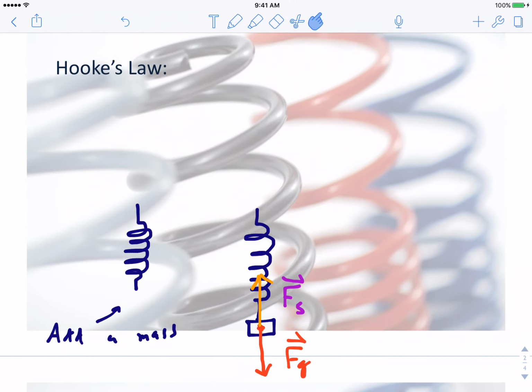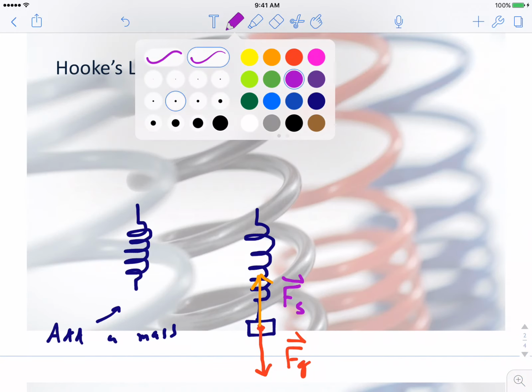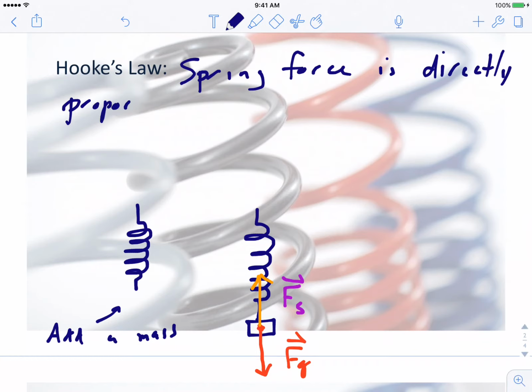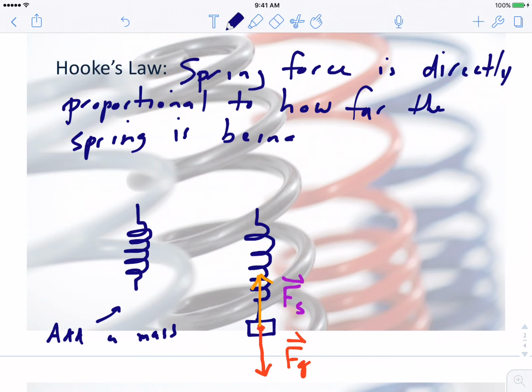So essentially, what Hooke found, if we go back to that equilibrium situation, is that the spring force, that force pulling back on the mass, is directly proportional to how far the spring is being stretched. And it's a linear relationship.